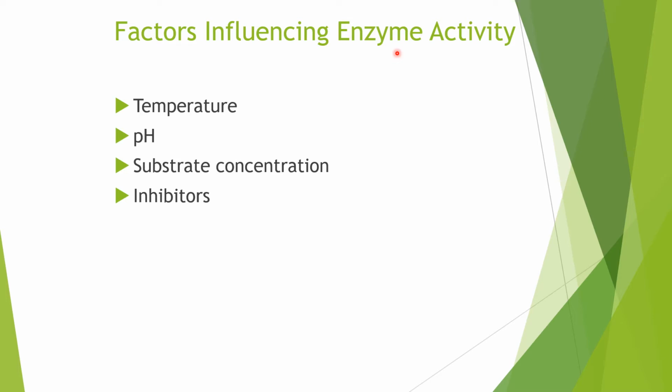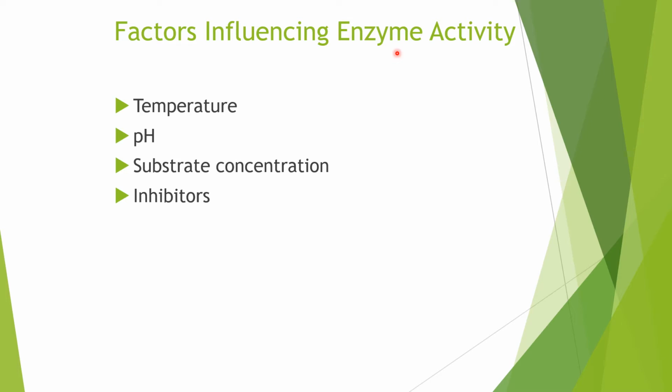So if you take a look at the enzymes within your stomach, they have different requirements compared to enzymes within your blood. Why is that the case? Well, because the environment within your stomach is highly acidic, for example, compared to the pH of your blood.